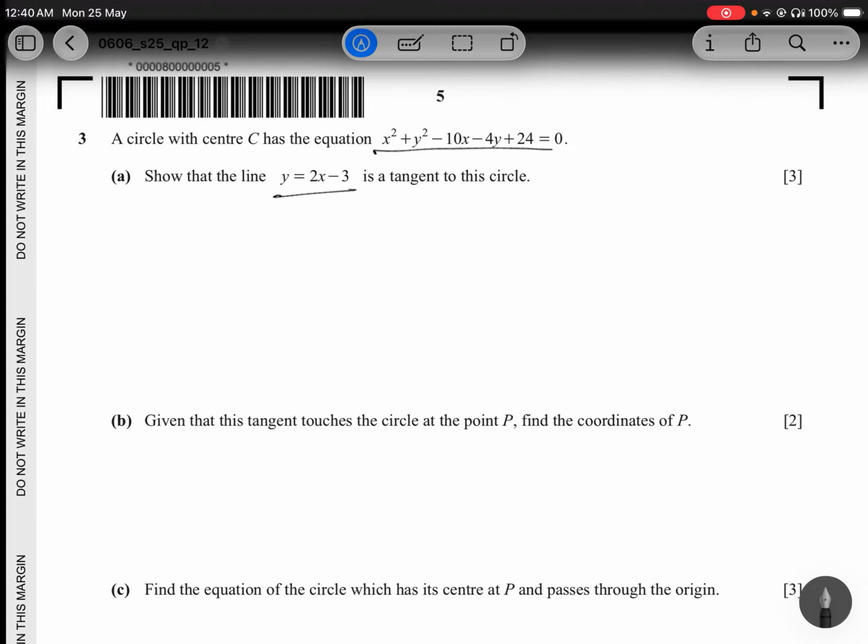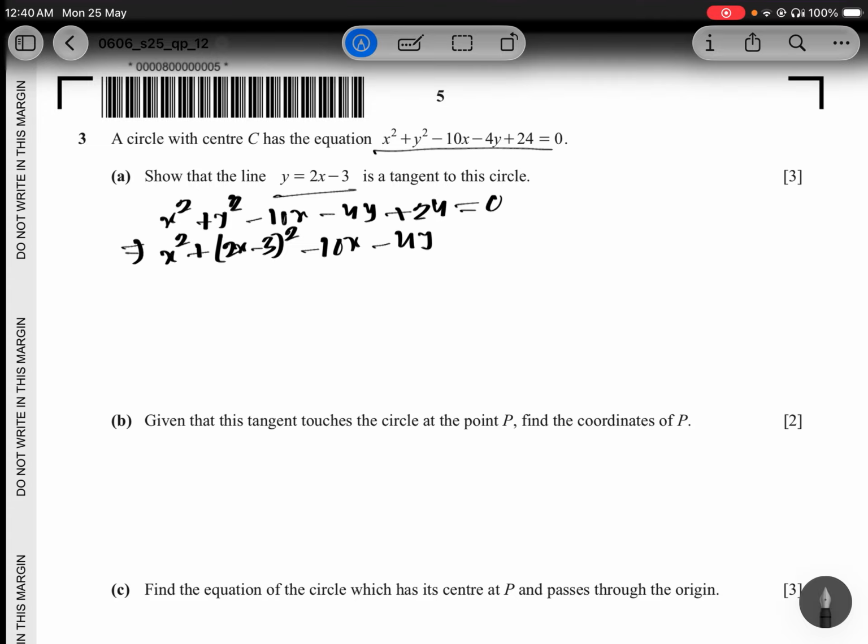So x squared plus y squared minus 10x minus 4y plus 24 is equal to 0. I'll input the value of y in the first equation. So x squared plus 2x minus 3 squared, minus 10 of x, minus 4 of y, plus 24 is equal to 0, right?